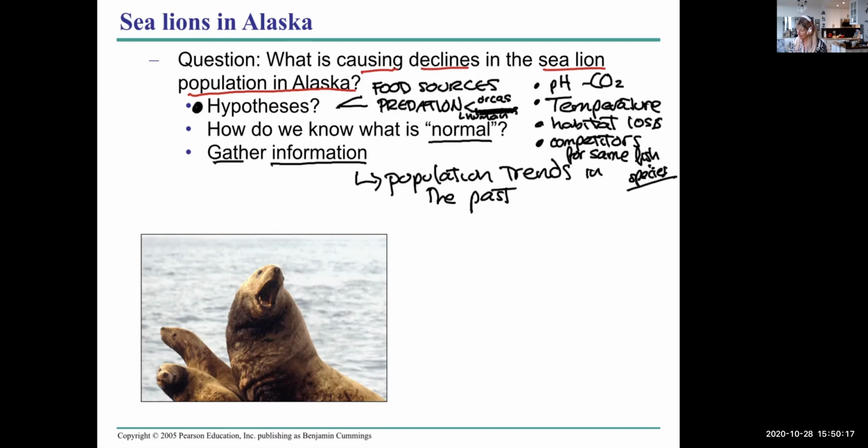So our information is gathering population trends from the past. Maybe we can try and find out if it's a cyclic event. And we may want to make observations of both areas, the one where the population is declining and the one where it's not, to see if there are any differences in those populations, and examine their food source.